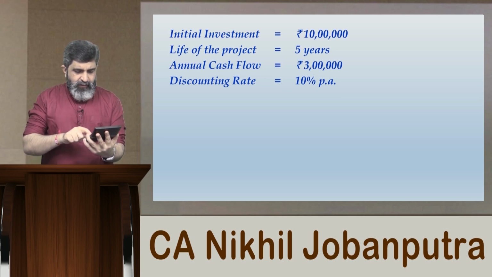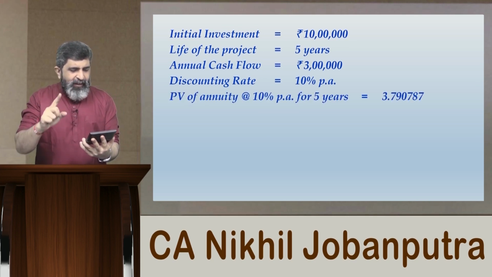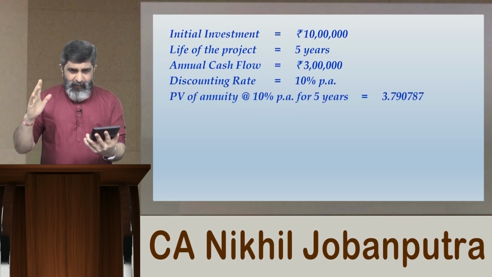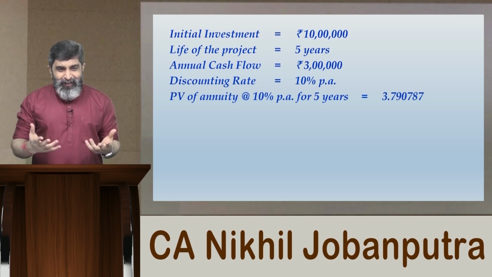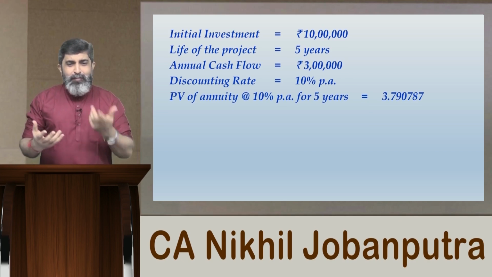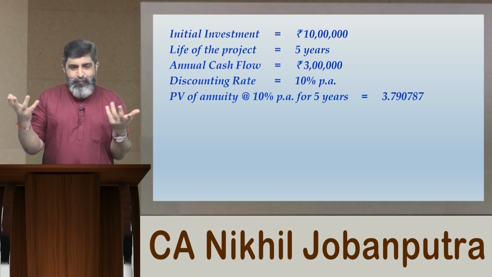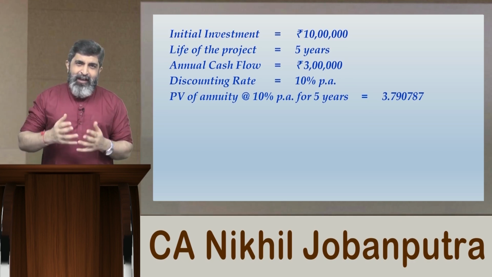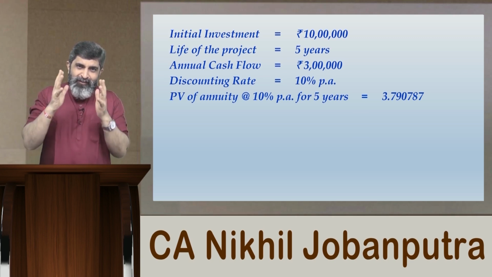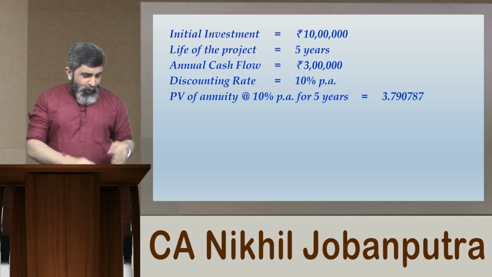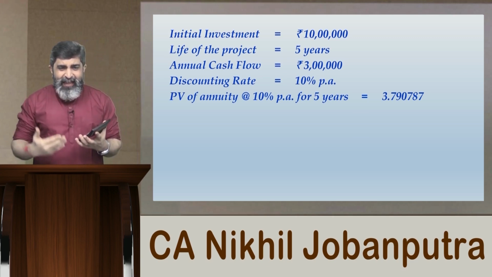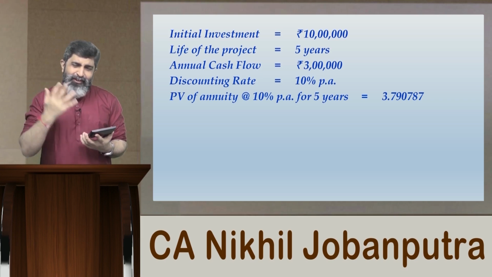When I do that, I get 3.790787. If you are listening to me with complete attention, like me, along with me, you would have also picked your calculator and you would have actually computed. Otherwise, some people are busy watching just what I am doing, but choice is yours. But you get 3.790787 as the annuity factor on your calculator.